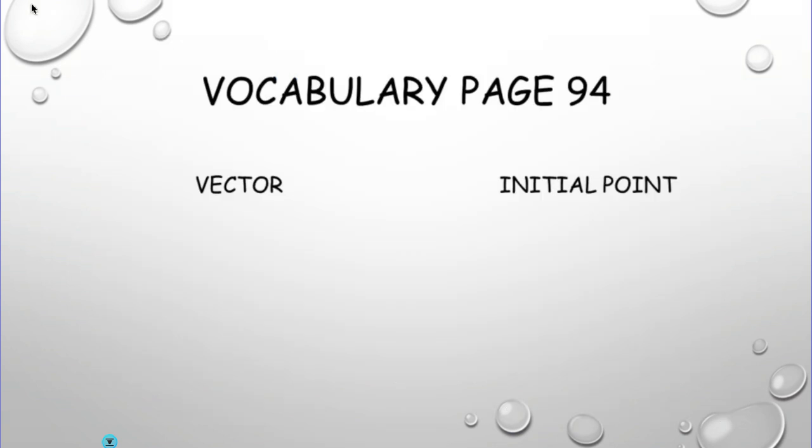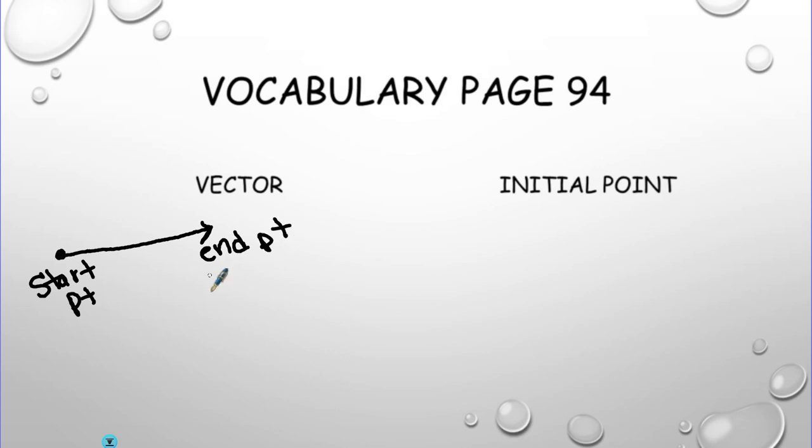Okay, so now let's go hit up some vocabulary words. What is a vector? Well, a vector looks something like this. It has a start point and an end point. So it has what we call a starting point, and out here is the end point. And a vector is written in brackets like this, where this part right here is always going to be the horizontal component.